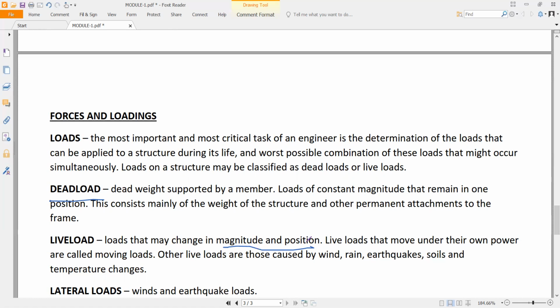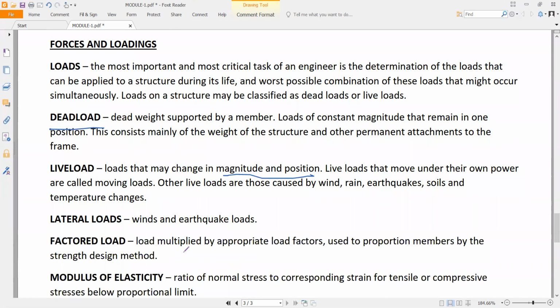It could also be rain. Yung volume of rain natin, hindi pare-pareho. Yung earthquake natin, hindi pare-pareho ang magnitude and or intensity. Okay? So, yung lateral loads naman natin, these are loads on horizontal direction, lateral. So, it can be wind or earthquake.